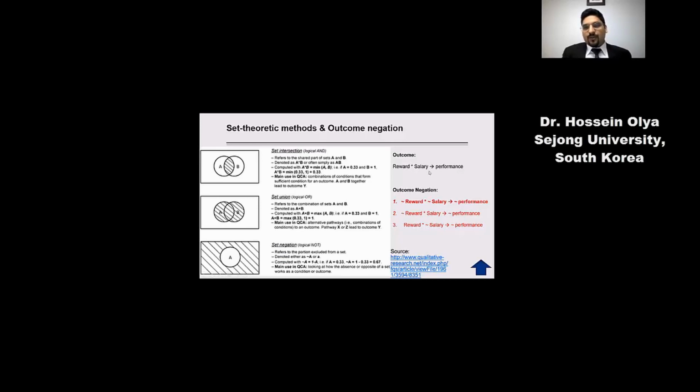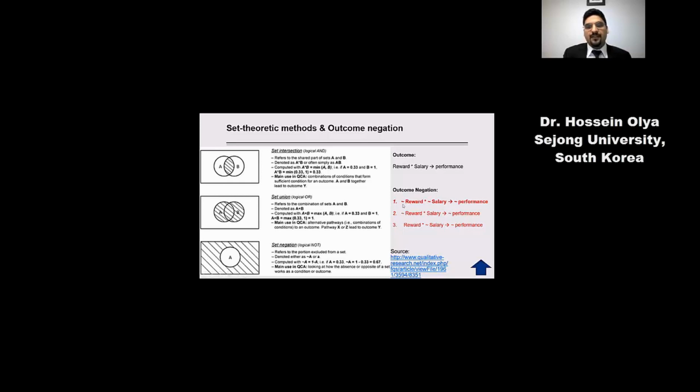I'm going to stick to the last example. As we learned, a high level of reward and salary lead to performance. But what about the low performance? In conventional research, we simply consider the mirror opposite of the causal model as the conditions that lead to the low level of the outcome.